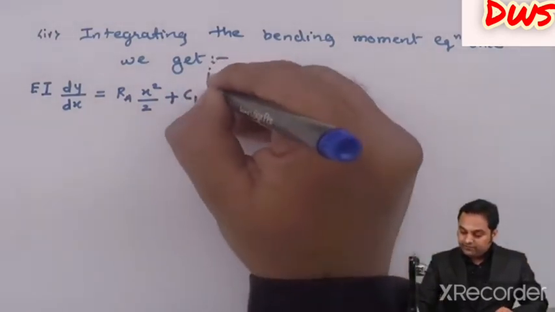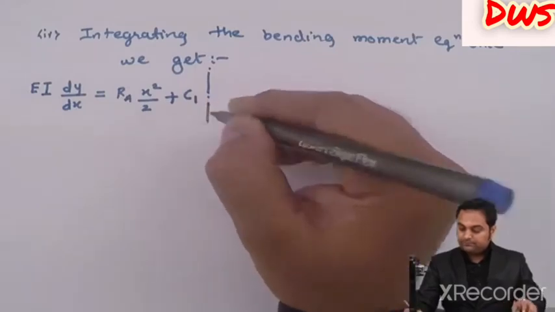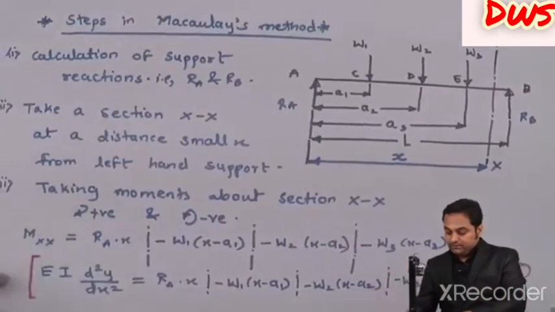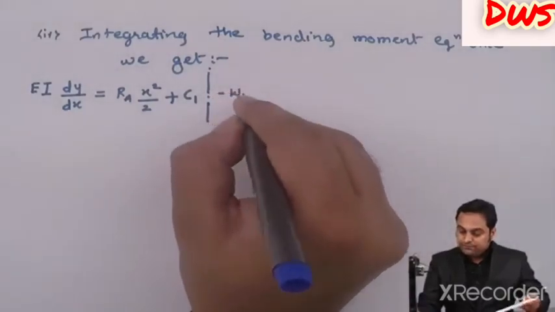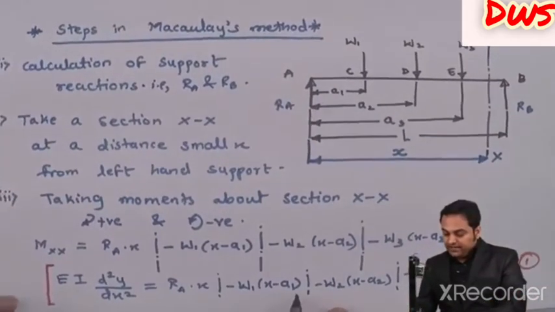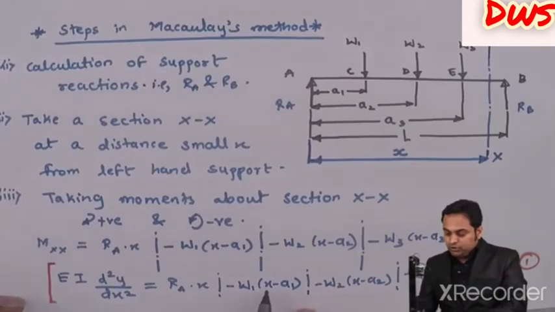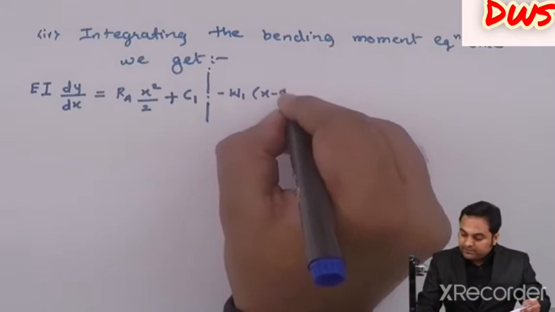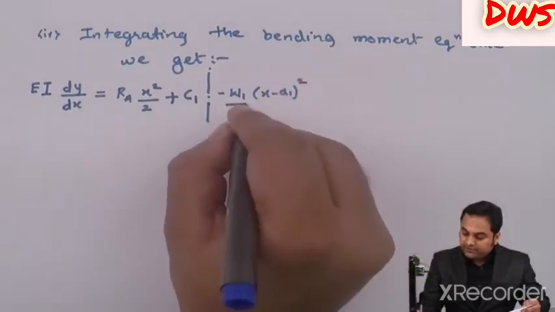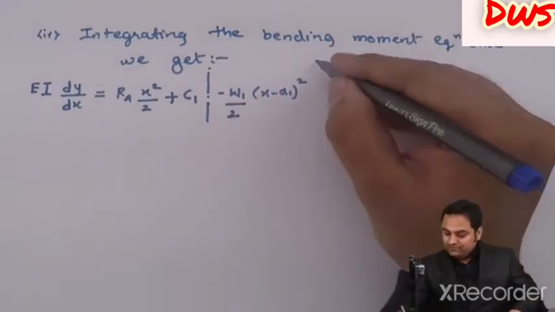This will be our first term. Next, minus W1 will remain as it is, constant. Next thing is, this bracket will be integrated as a whole, so x minus A1 will become x minus A1 whole square divided by 2, the second term.